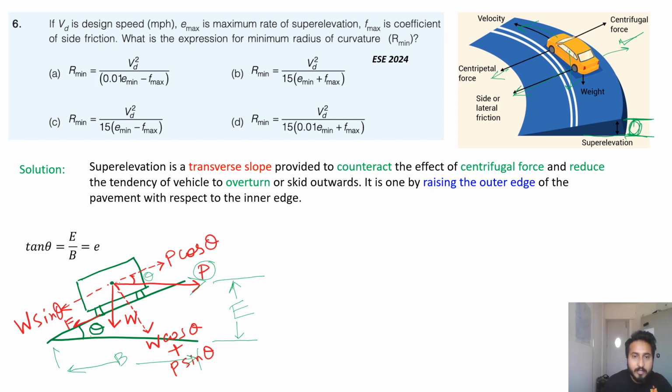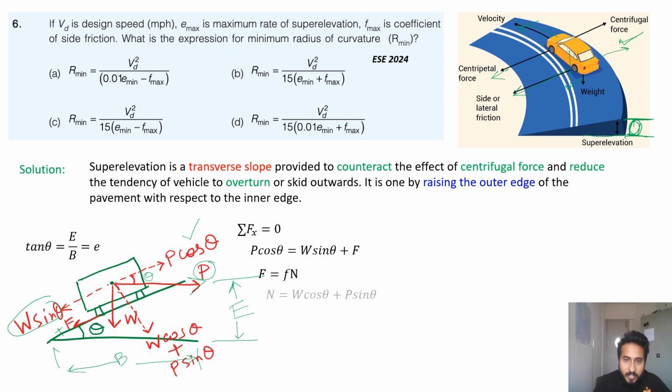Now if we do the equilibrium of forces in the x direction, summation Fx equals 0, that gives us P cos theta equals W sin theta plus F. Now F is the friction force, which is the coefficient of friction times the normal reaction.